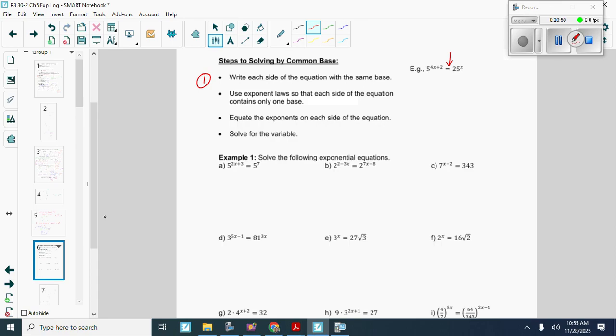Could we change the base 25 to a base 5? Yeah, let's do that. So write each side with the same base. So we're going to go 5 to the 4x plus 2 is equal to 5 squared to the x. That's your first step. Make both of them have the same base.